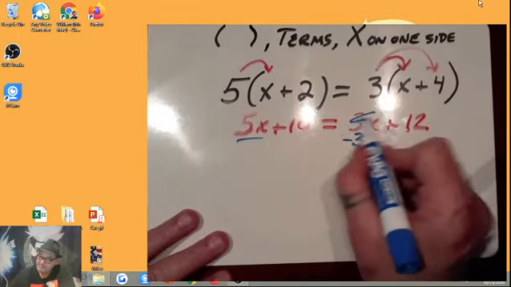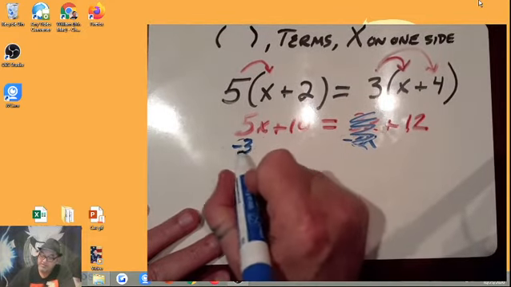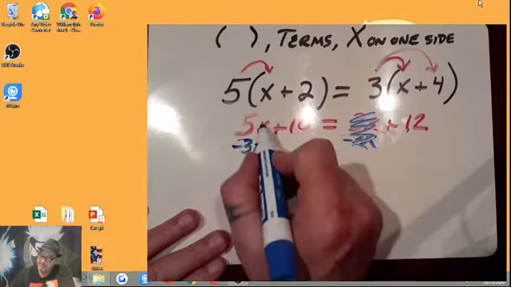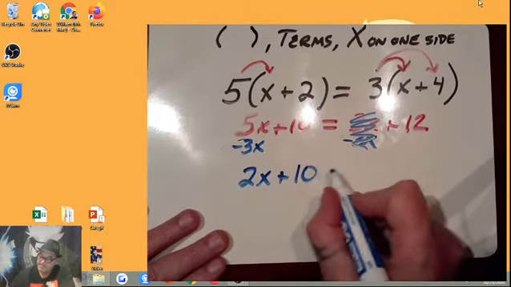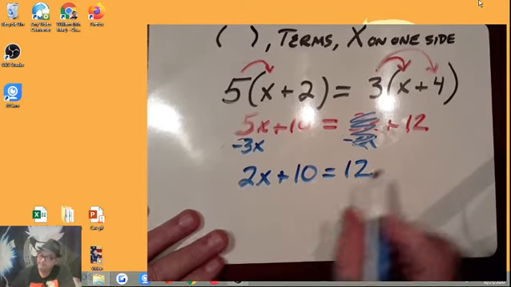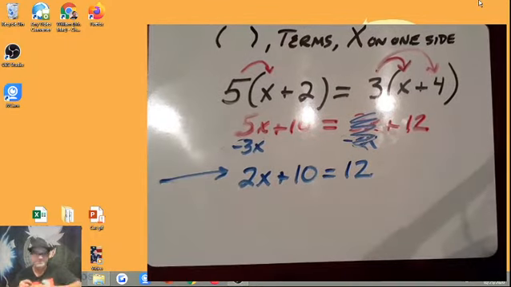3x minus 3x, that cancels. Follow the golden rule and subtract 3x over here. 5x minus 3x is 2x, and bring the rest down. Plus 10 equals 12. Did all my cleanup steps, and now look, I'm left with a 2-step equation, which is easy.